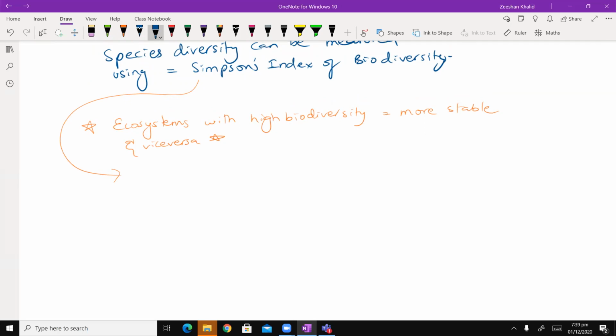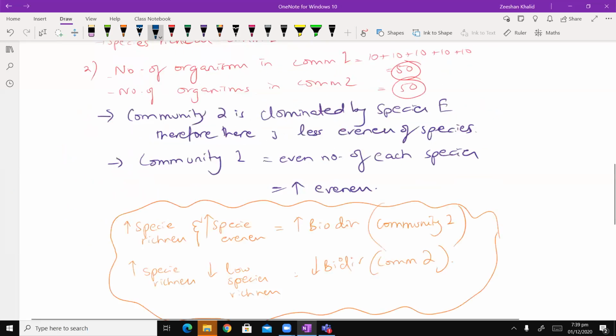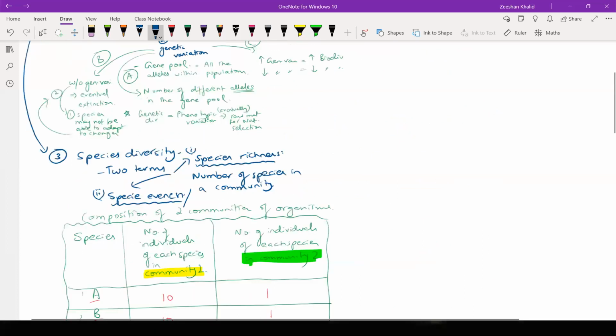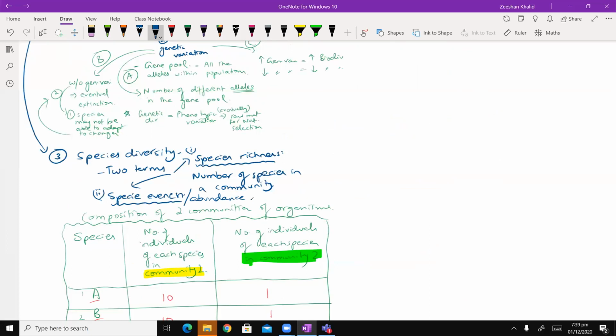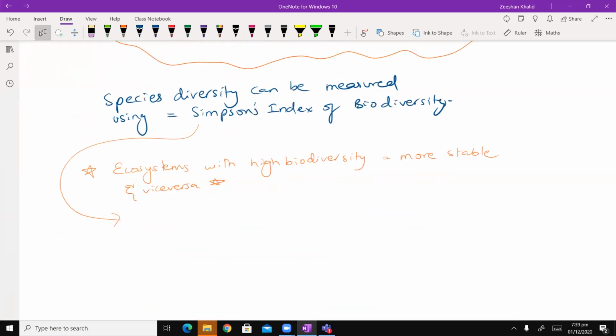This index of diversity is a measure of diversity, and it takes into account the species richness and the abundance or evenness. It's the same thing. Abundant, look at the word, means how abundant a particular species is.